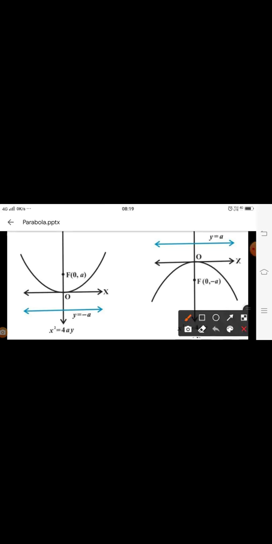Here if you observe the vertical position, meaning along the y-axis, in the first figure it is facing towards the positive direction of the y-axis, and in the second one it faces towards the negative direction of the y-axis. Then the focus becomes (0, a) if you take the distance a from the origin, and here we get (0, -a) because it is minus a units. The directrix is clearly parallel to the axis in these two figures.